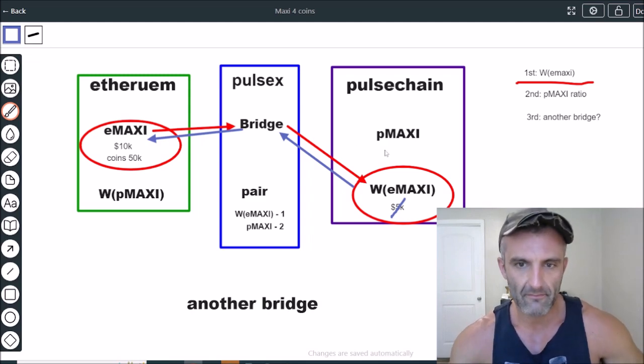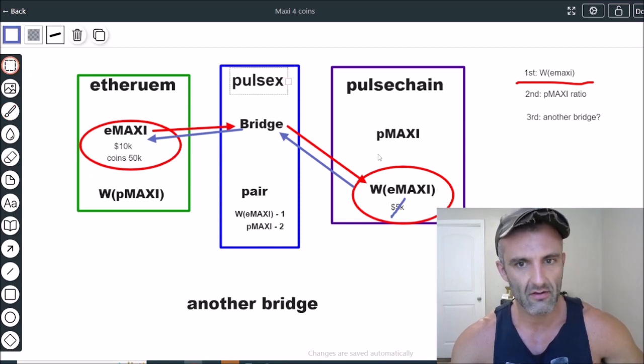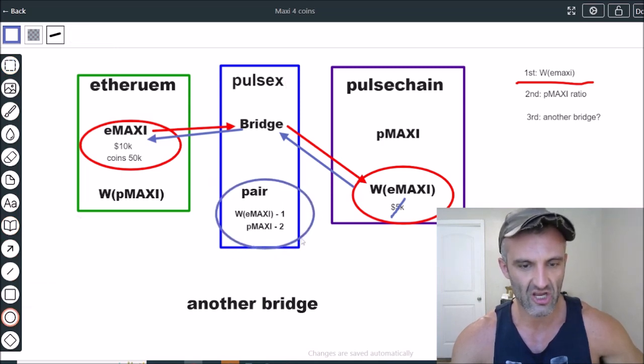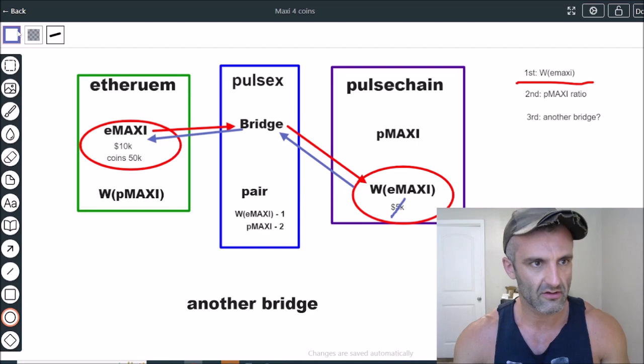Now, let's take a look at this side over here, right? We're going to have the ratio, the pair on Pulsex. So let's do another one of these cute little circles here. Let's make it a different color. Let's make it red again.